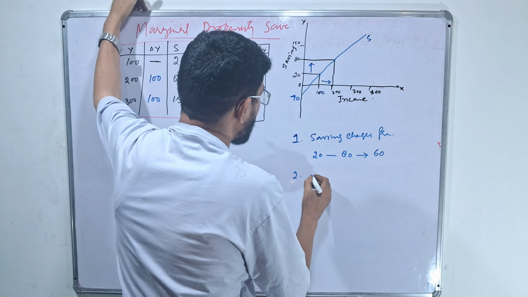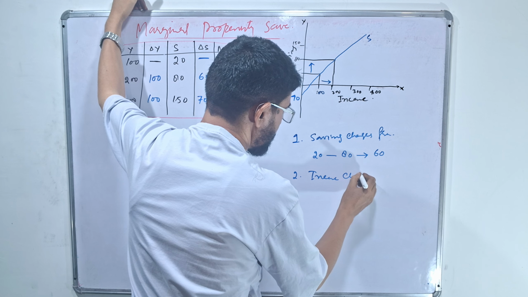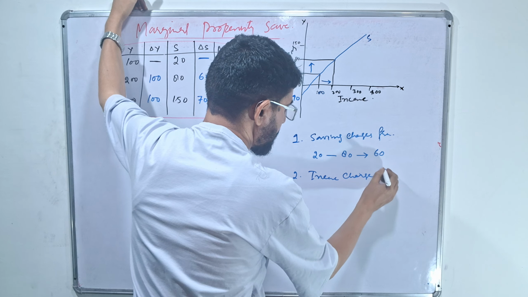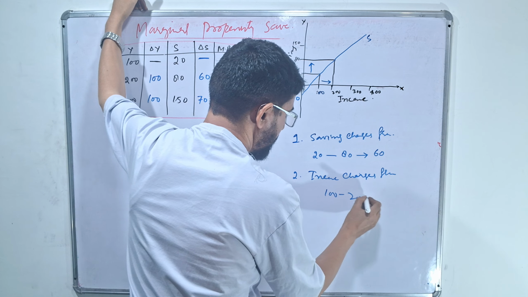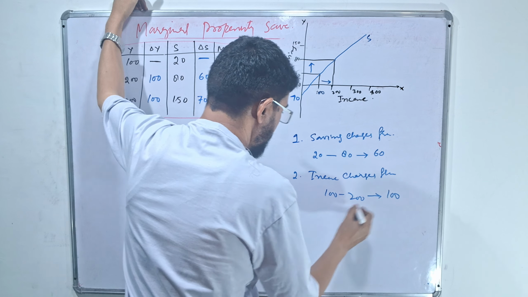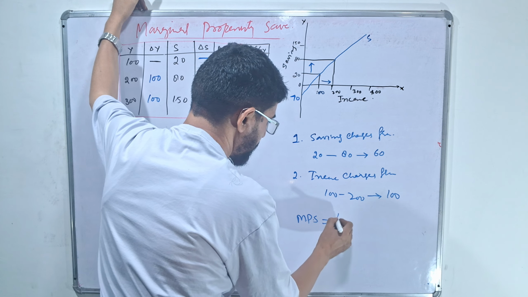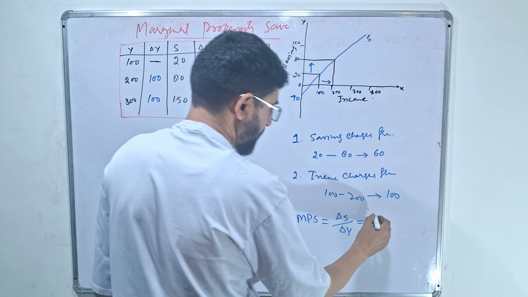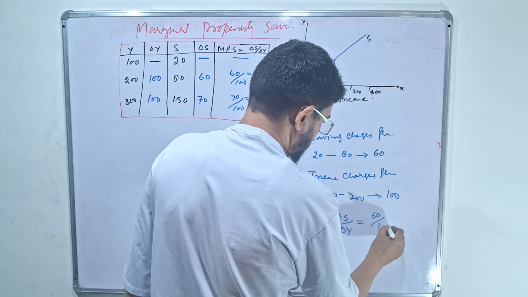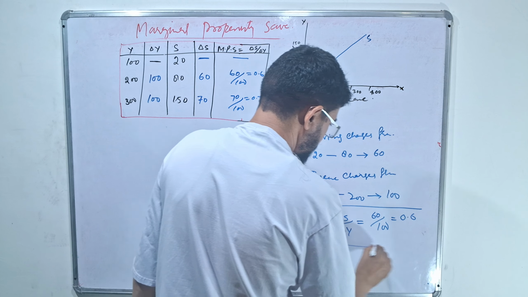Second, income changes from 100 to 200, that means 100. Now, marginal propensity to save, MPS, will be equal to change in saving divided by change in income. That will be equal to 60 divided by 100, that will be equal to 0.6, as I told you.